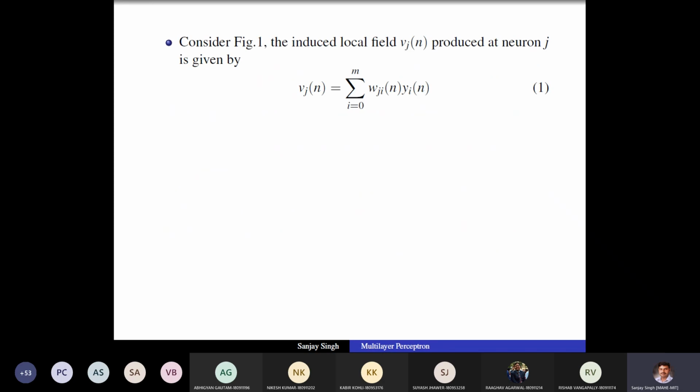So considering that particular example, we have to find the expression for the local induced field Vj, and because we have already subsumed this bias, instead of starting i equal to 1, I can start from i equal to 0 if there are m number of attributes in my input space.